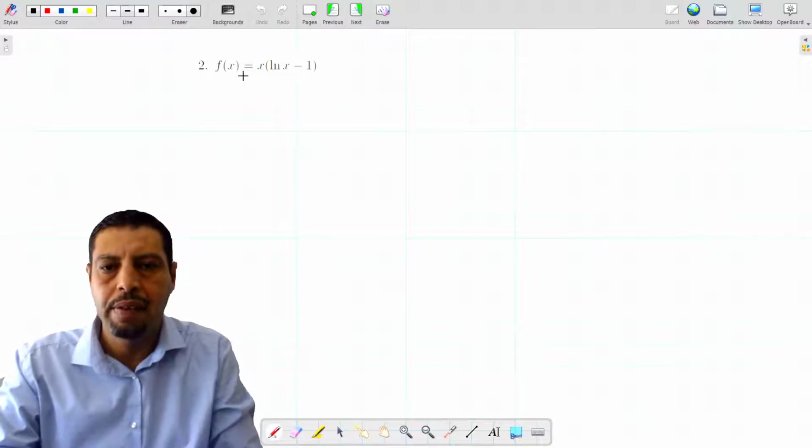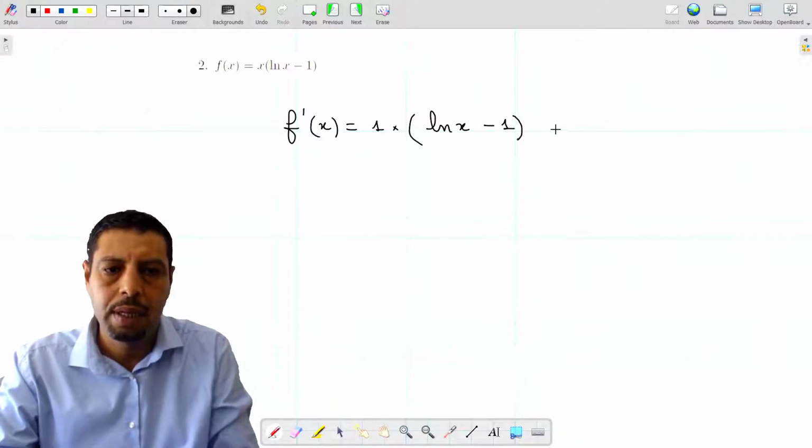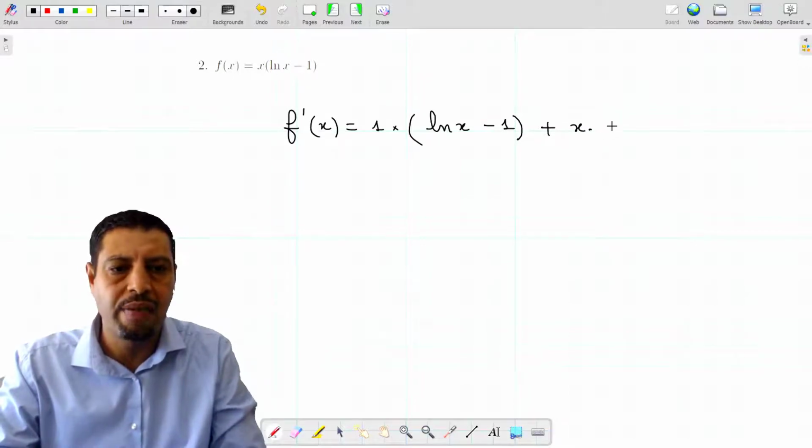Next one, f of x is x ln of x minus 1. We have a first function here, x, and a second function, ln of x minus 1. So we're going to use, again, the product rule. f prime of x is the derivative of x, which is 1, times ln of x minus 1, plus x times the derivative of ln of x minus 1, which is 1 over x.